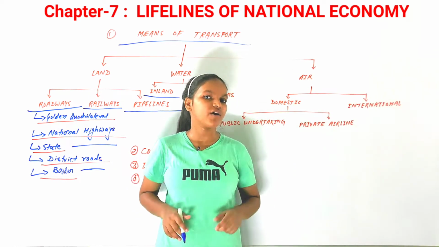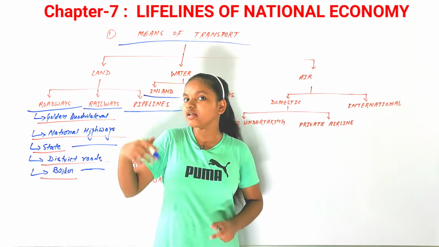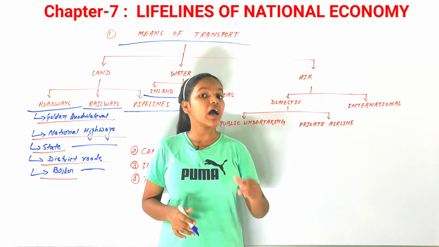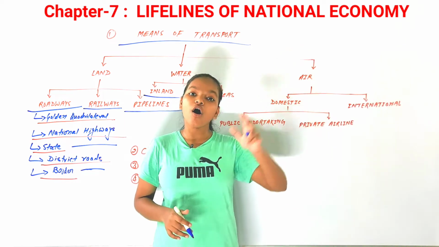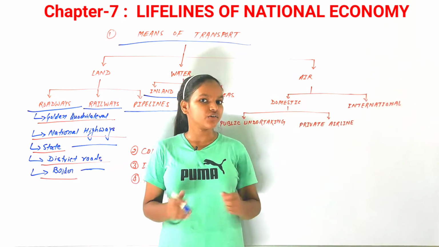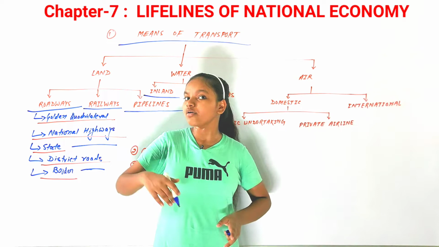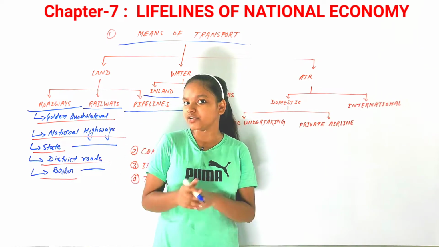Now the fourth national waterway is the specified stretches of rivers like Godavari and Krishna, along with the stretches of the Puducherry coast, that is Kankarai coast in Puducherry, and it accounts for 1,078 kilometers.